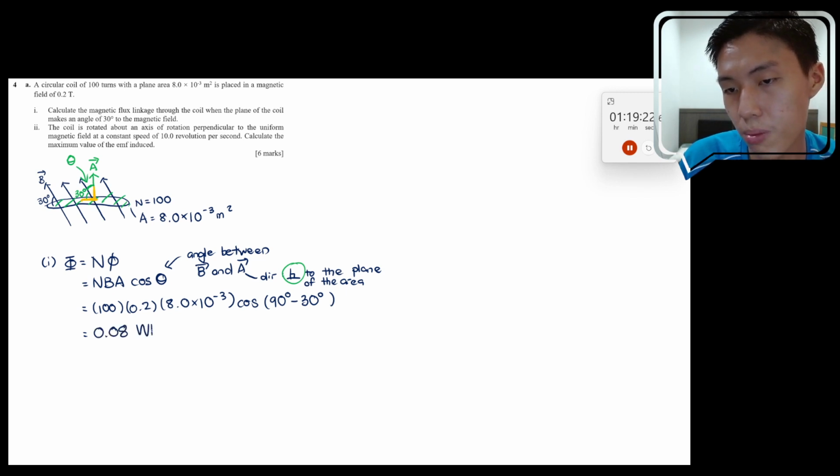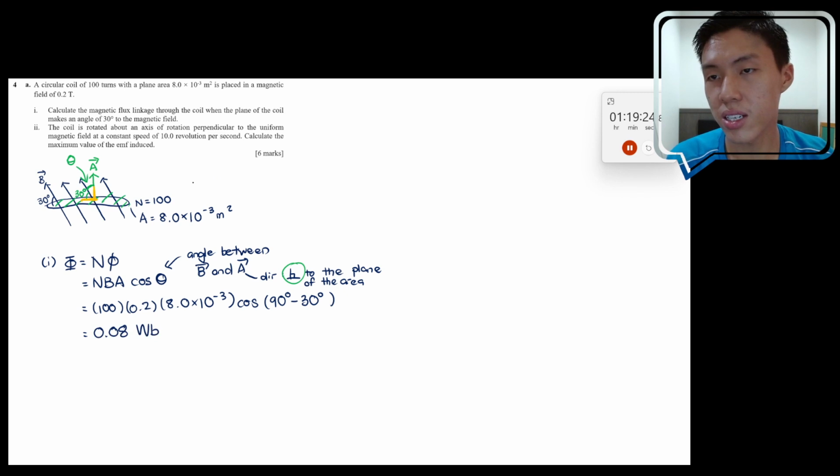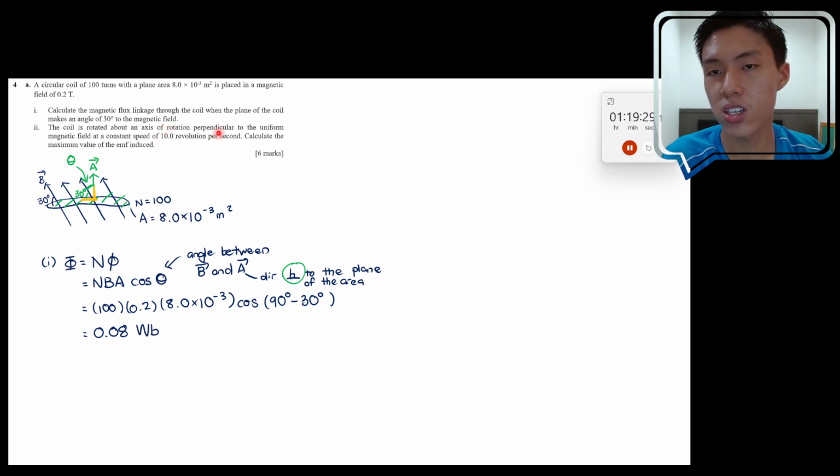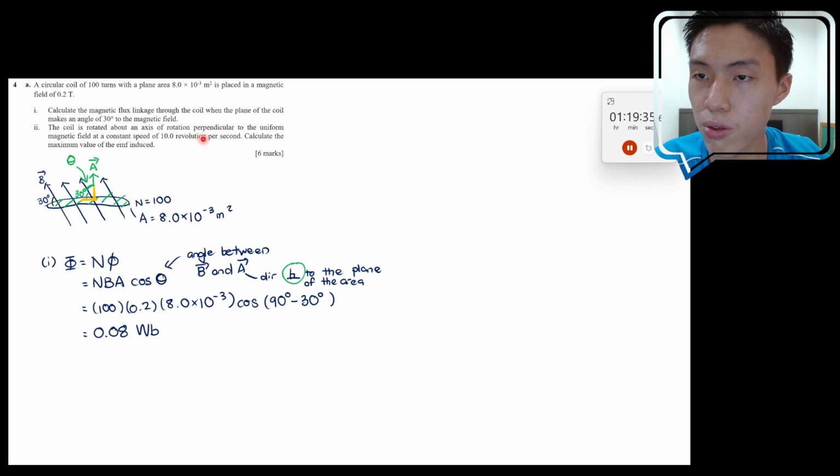The unit is Weber. Okay, next, the coil is rotated about an axis of rotation perpendicular to the uniform magnetic field at a constant speed of 10 revolutions per second. Interesting.